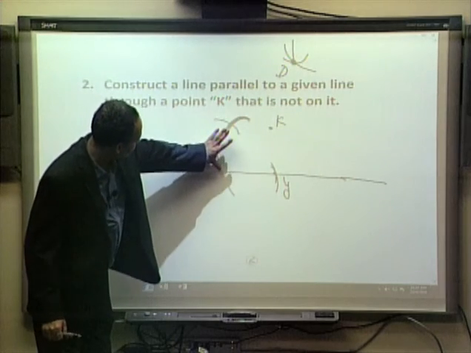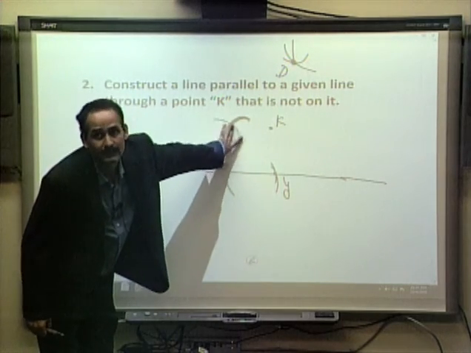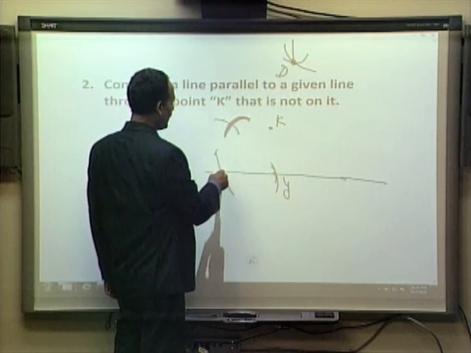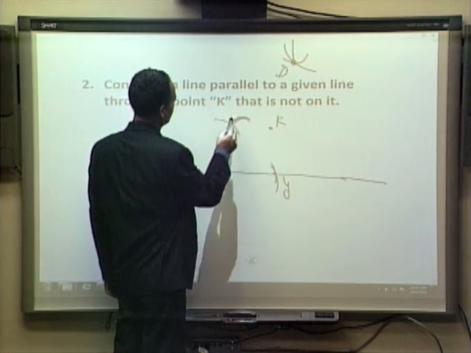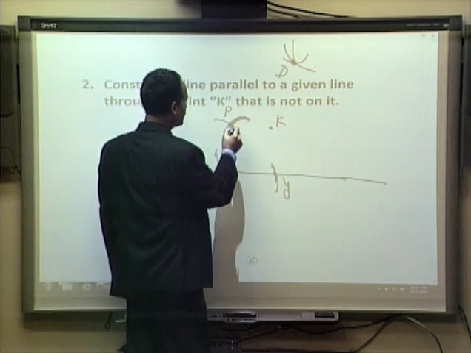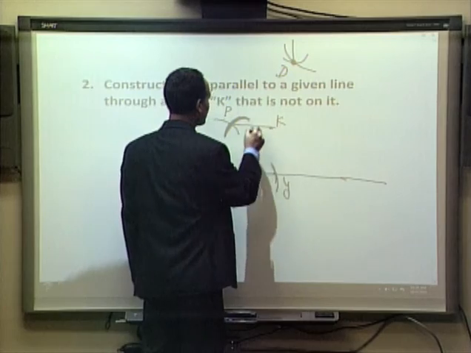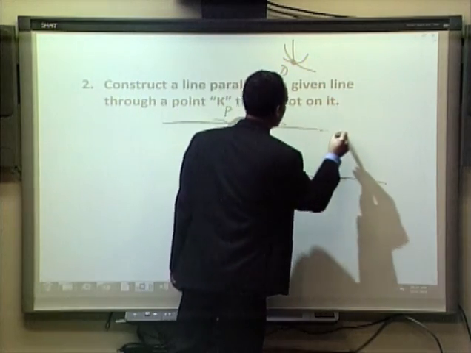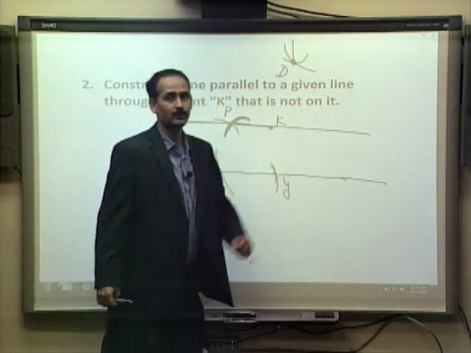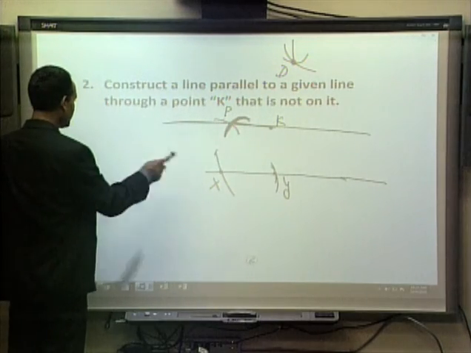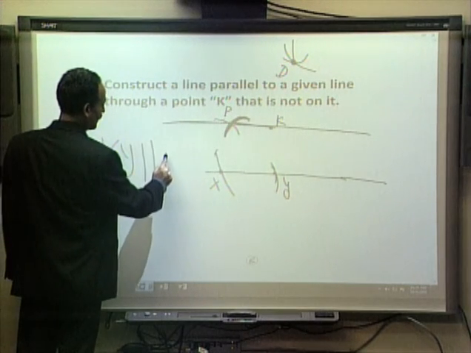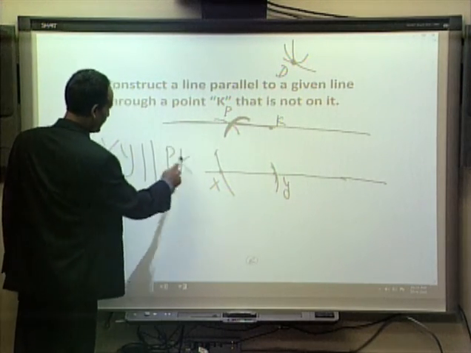Let us say the arcs coming from Y and K meet at this point, let us say this point is P. If we draw a line joining K and P like this, this new line will be parallel to XY. So, we can say XY is parallel to PK.